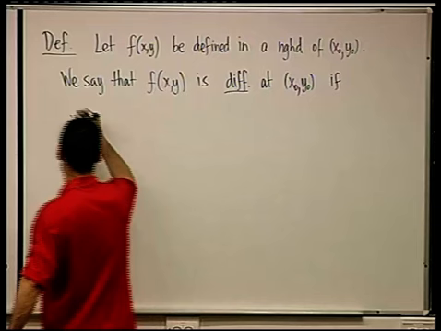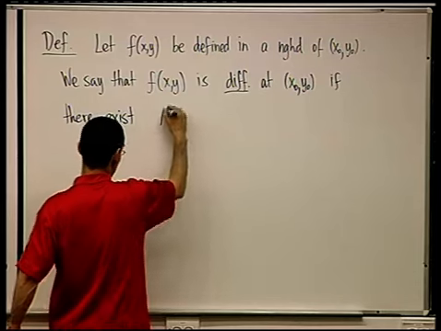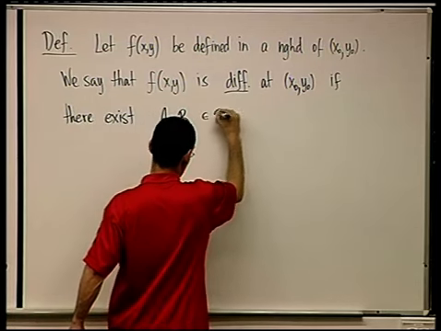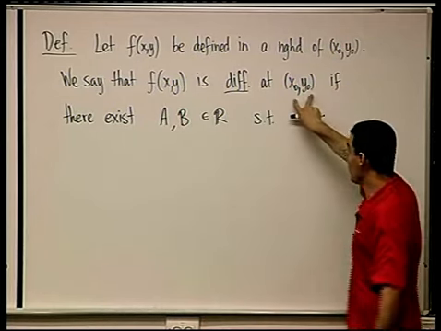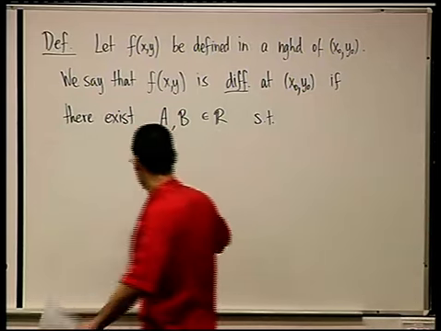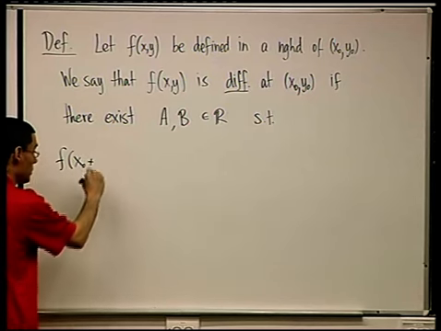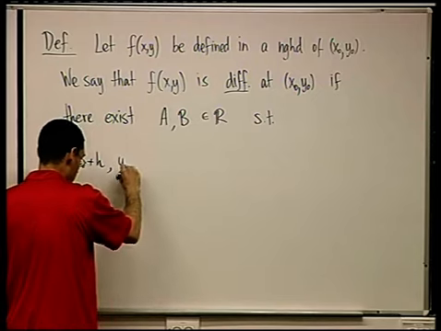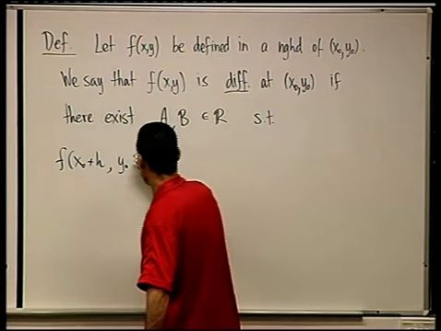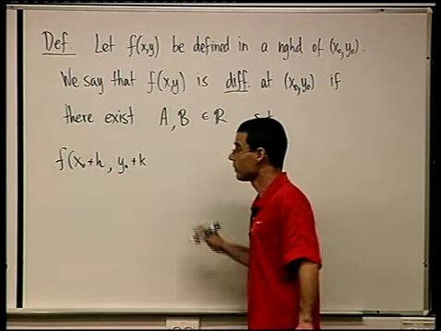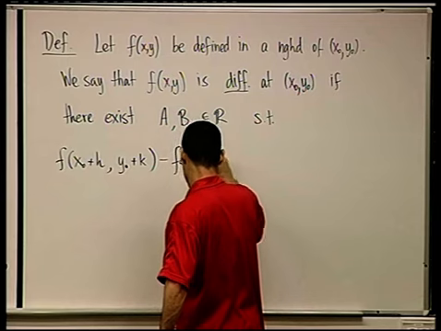So if there exist two numbers, A and B, these are just real numbers, such that when we take points near x0, y0, and we look at the difference, so f at x0 plus a small increment, which we're going to call h, and we want to allow a small increment in y, but not necessarily the same. We want to have all points around it, so the y increment we're going to call k, okay, to distinguish the two, minus f at x0, y0.